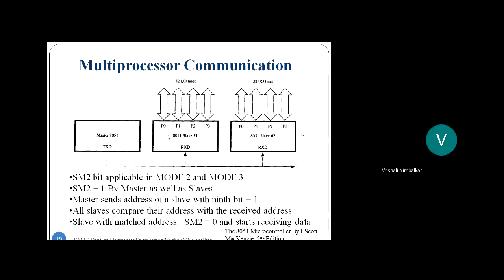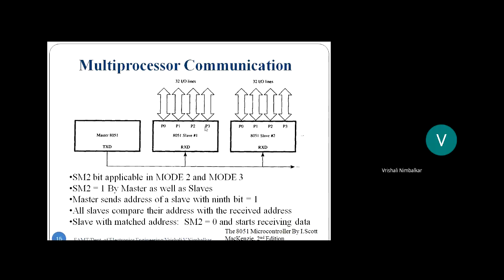At the start of the communication, the master as well as the slaves will set the SM2 bit. So the SM2 bit of the master will be set, as well as the SM2 bits of the slaves. Then the master will send the address of the slave. The transmission begins with the master first sending the slave address, and this slave address will be received by all the slaves.